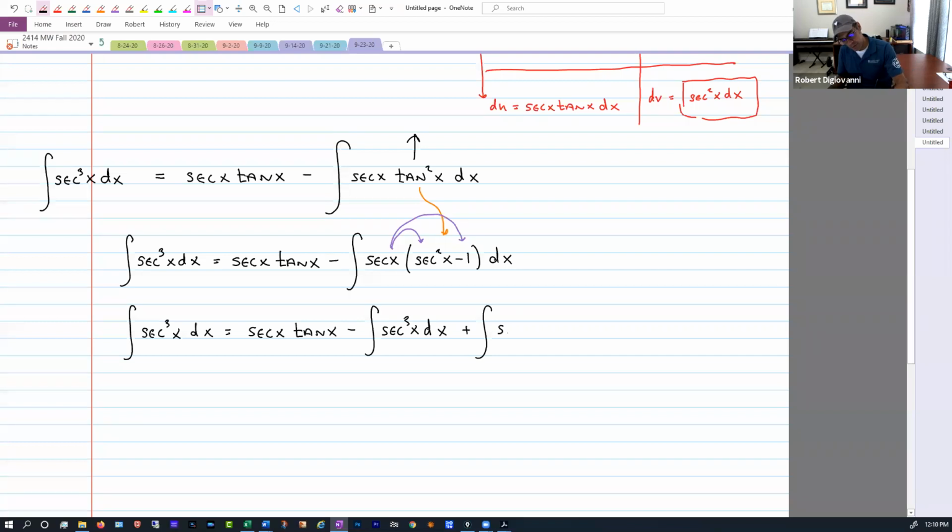Hopefully you recognize what I'm doing. Instead of having one integral with two things in it, I split that into two integrals. So on my first distribution, I'm going to get a secant cubed. And so that's my first integral. And on the second distribution, I'm going to get a minus secant. But don't forget there was a negative out front. And so that negative is going to turn it into a plus. So I have two new integrals.